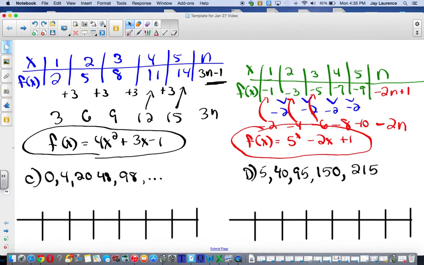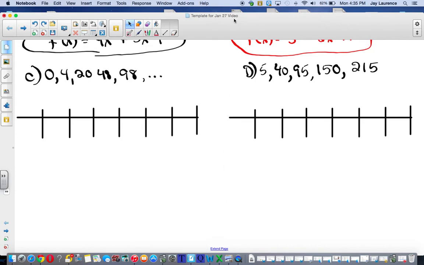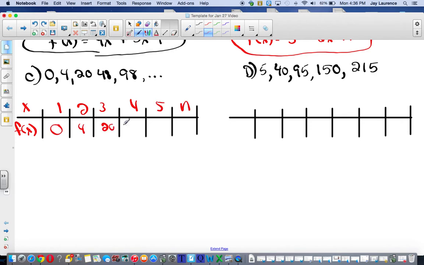All right, got 2 more here. Let's get my table going. We've got x and f of x, and then 1, 2, 3, 4, 5. And then we'll get 0, 4, 20, 48, 98. All right, and we'll do our first differences: plus 4, plus 15, plus 28, plus 50.